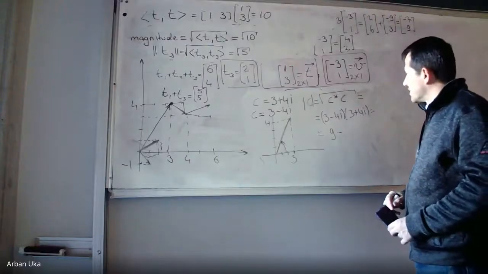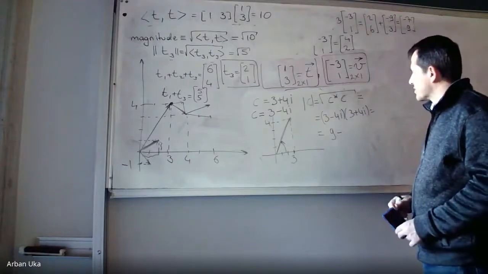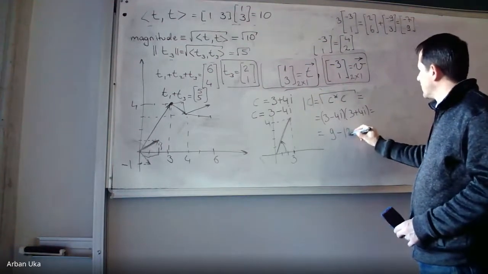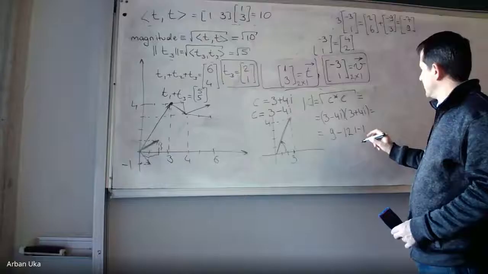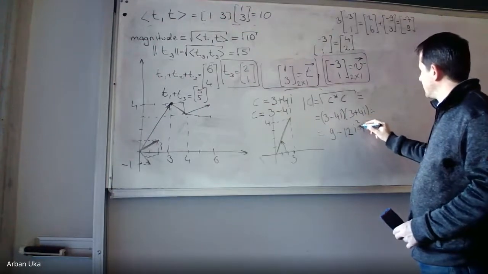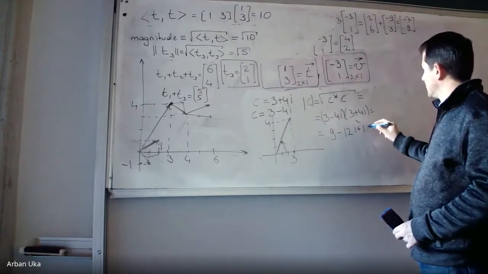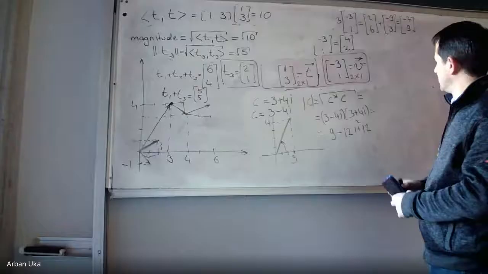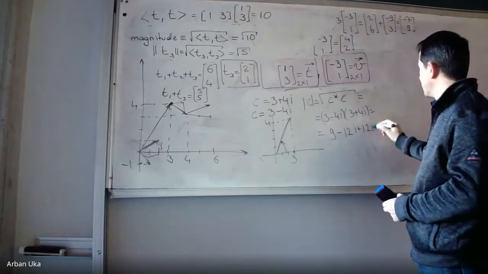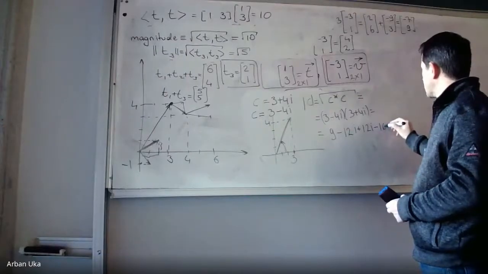We can also do it step by step: 9 minus 12i plus 12i, plus 16, minus 16i squared.